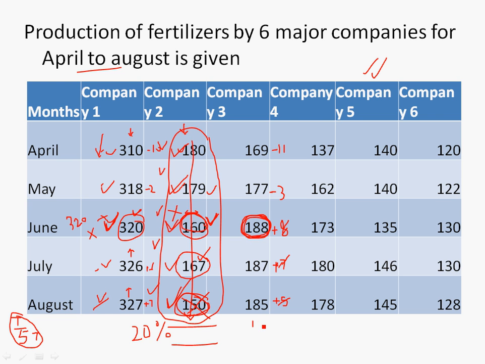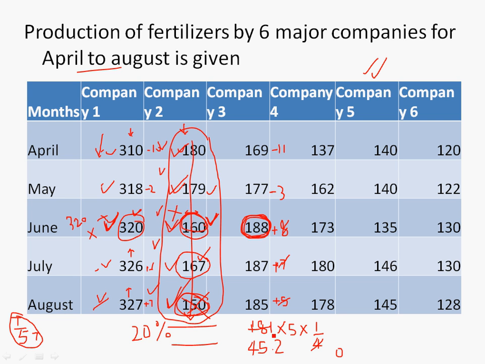So we know that total is 181. This is the average. Total would be 5 times this, right? Into 5, and 25% would be how much? It would be 1/4 of this, right? So 1/4 of this would be 45.2, right?